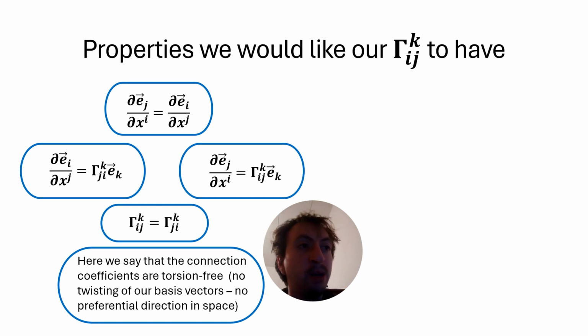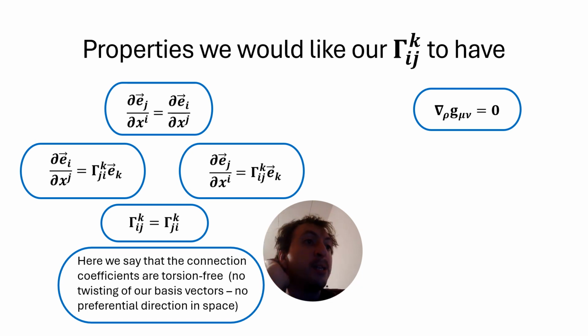And for a long time, we will not be worrying about spherical objects rotating in space or any rotation in space, and therefore we're free to say that for the metrics we care about, we want our connection coefficients that we can get from the metric to be torsion-free, so to be symmetric under the bottom two indices.